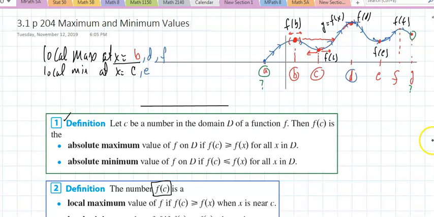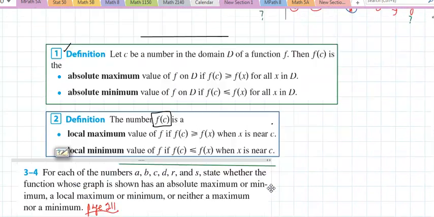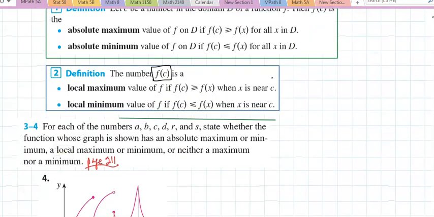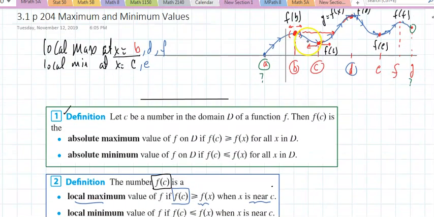So, when I look at this definition, definition 2, it says we have a local maximum if the y value is bigger than all the other y's near or around this point. In our case, we say we have a local maximum at B if all the y's around B are smaller than this y value.